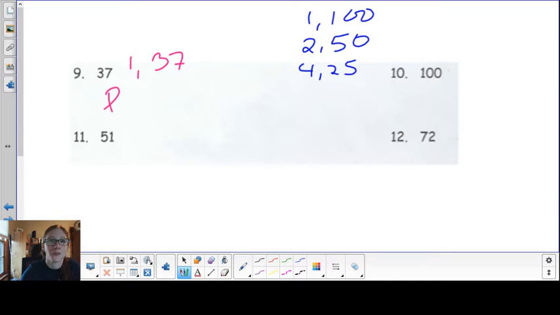We have 4 quarters that make $1. 5 and 20. 6, no, because I didn't have 3. 7, no. 8, not evenly. 9, no, and then we go back to 10, which is 10. He's composite.